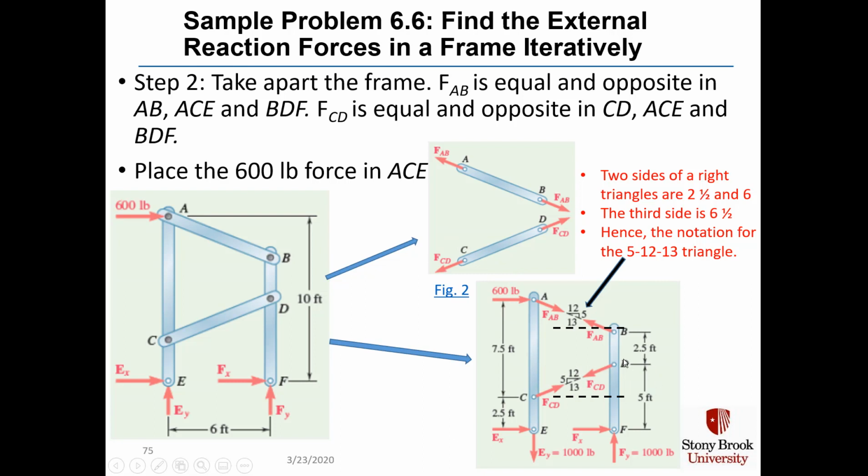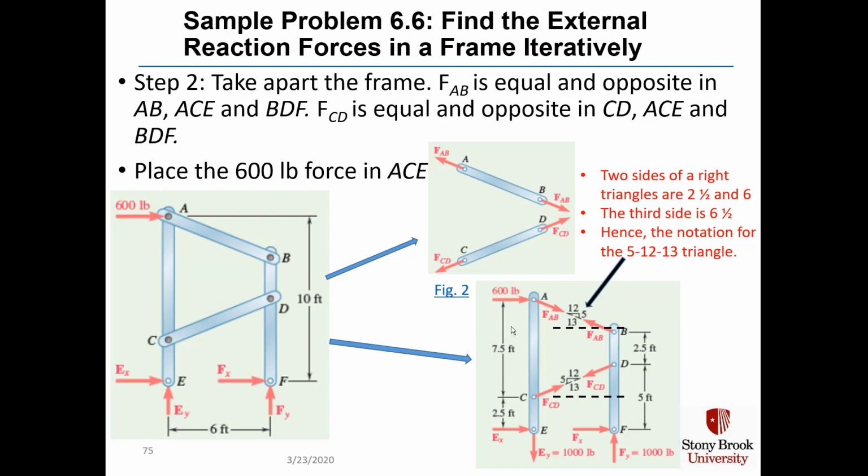We're going to place the 600-pound force in member ACE because it'll make that analysis easier. It could have gone in AB, but we have a lot of other forces in ACE already, so we want the external load to be there to ease up on our calculations.